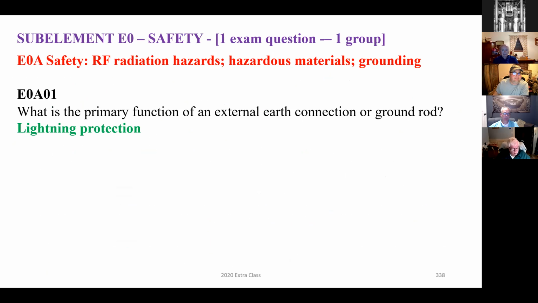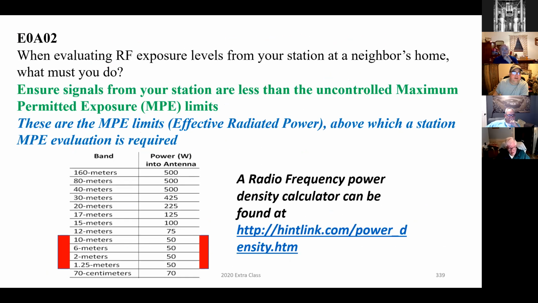Safety. What is the primary function of an external earth connection or ground rod? And that would be lightning protection. When evaluating RF exposure levels from your station at a neighbor's home, what must you do?